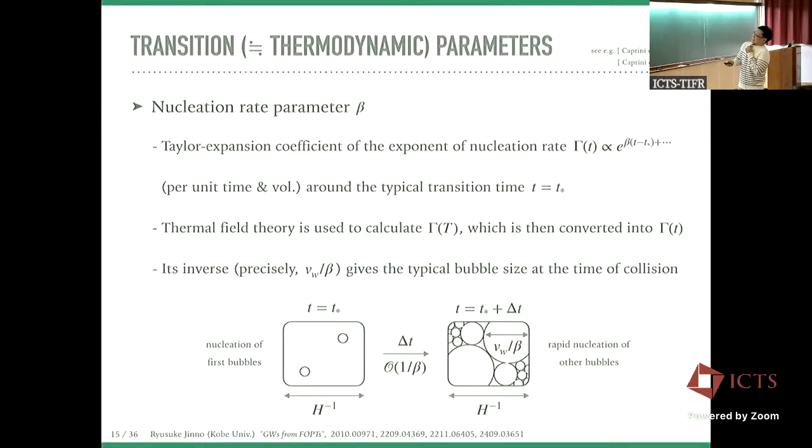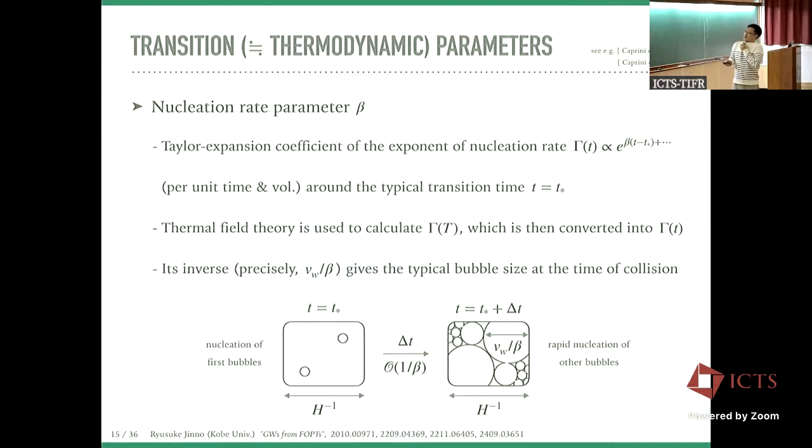poor drawing. So let's say this is your Hubble horizon. And at t equals t star, suppose that you find 2 bubbles inside your Hubble patch. These are the first bubbles nucleated inside this Hubble patch. And now imagine, after time delta t, which I take to be order 1 over beta, this nucleation rate changes by some orders of magnitude.